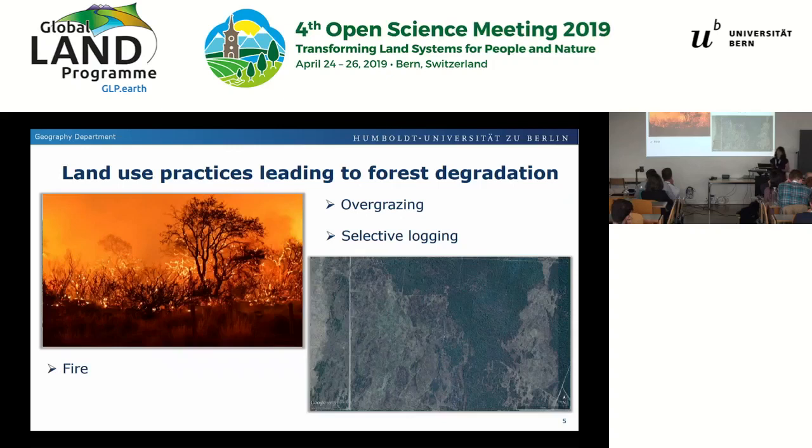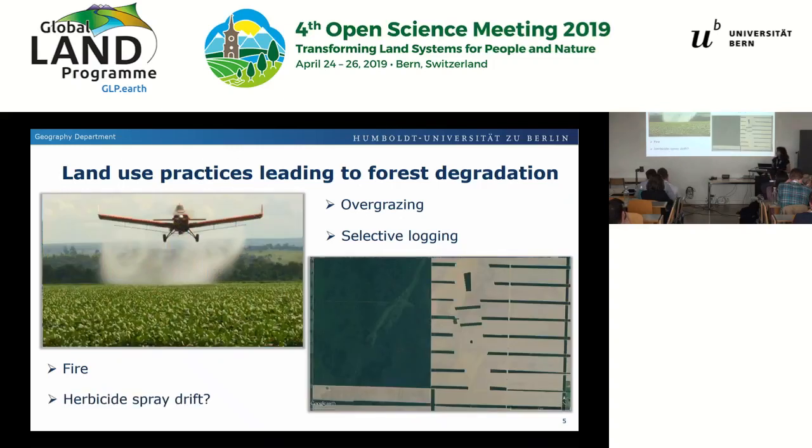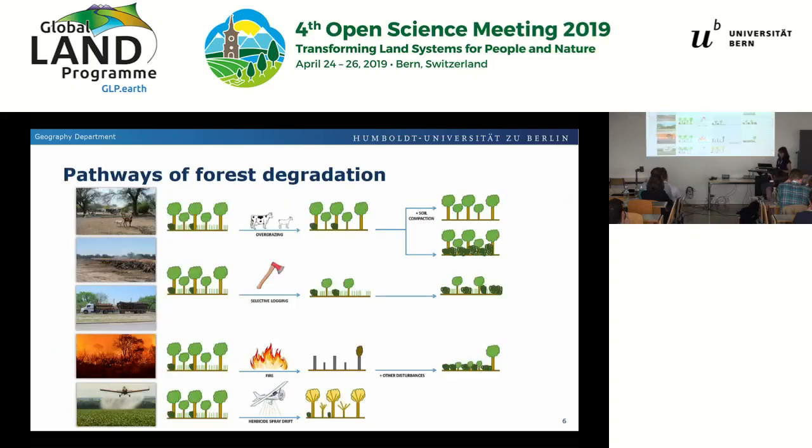Fire, or better, the change in natural fire regimes, is also reported to be one of the causes of forest degradation. And then we are also curious to understand if the highly intensive management practice of these large fields that are substituting the forest is also affecting what is left of the forest, so the forest close to fields.